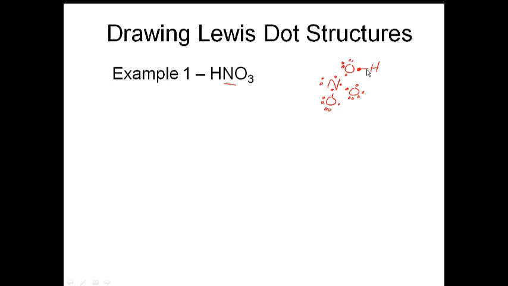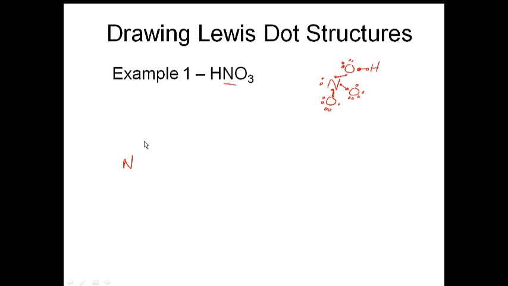Then we form our single bonds. I already had one here for the hydrogen. Let's pair up these 2 to form the NO single bond, these 2 to form the second NO single bond, and these 2 to form the third NO single bond.